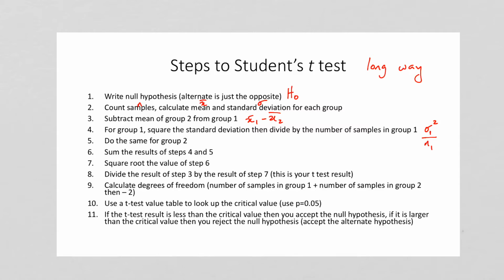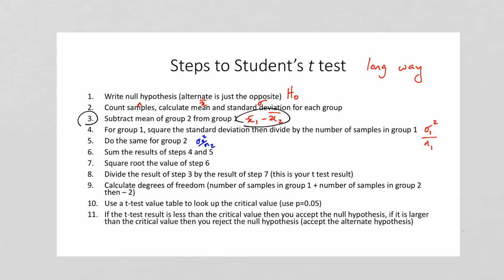You're going to do the same for group 2. You're going to add those two together. Then you're going to square root it, divide the result of step 3, which is here. So divide this by the number that you got.